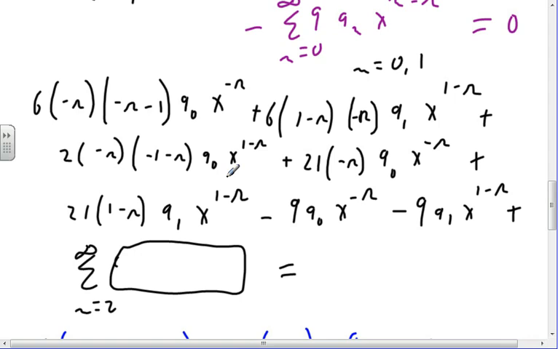But I would use the x to the 1 minus r term to find a1. A0 would be arbitrary. A1 is fixed by this set of equations. Then how come you don't need the bottom part? Well, that would be my recurrence formula to solve for the rest of the a's. Yeah, so I'm going to need it.